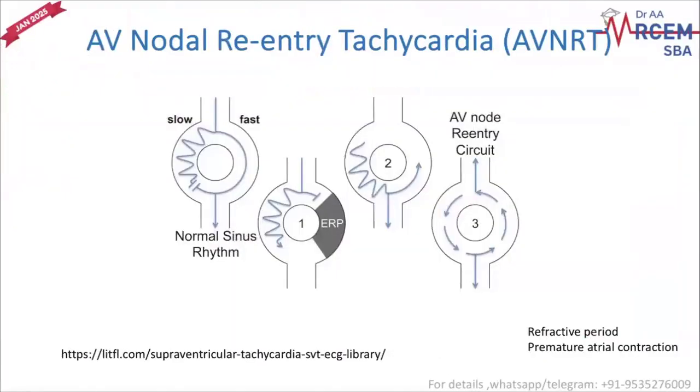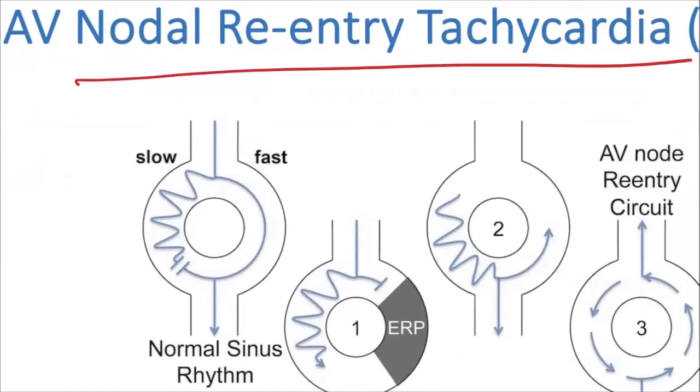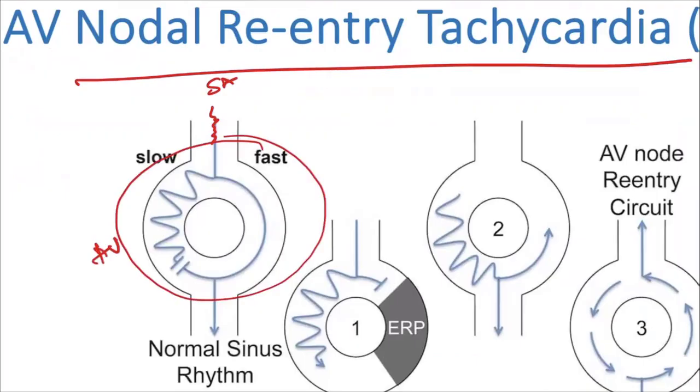So what happens in supraventricular tachycardia? Most of the time, the pathology is because of AV nodal re-entry tachycardia. What happens in this pathology? Usually the electrical activity from the SA node enters into the AV node. So this whole thing is the AV node. The AV node has two paths, one is the fast path, another one is the slow path.